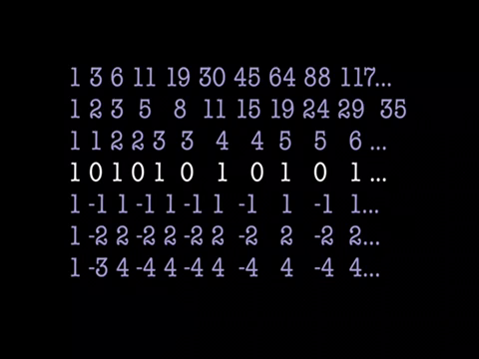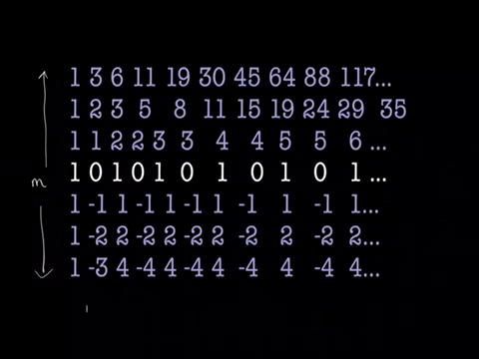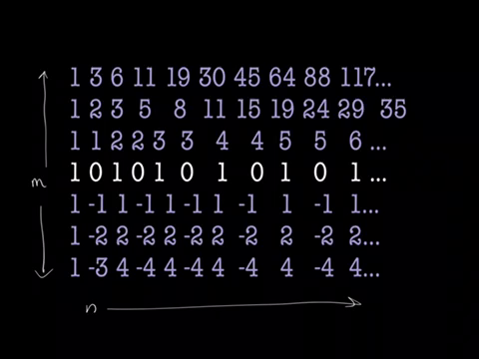So let's let the index M look at the row, and let's let N look at the column. So M gives us the number of the sequence that we're on. This one is the original one, ones and zeros, so that's 0.